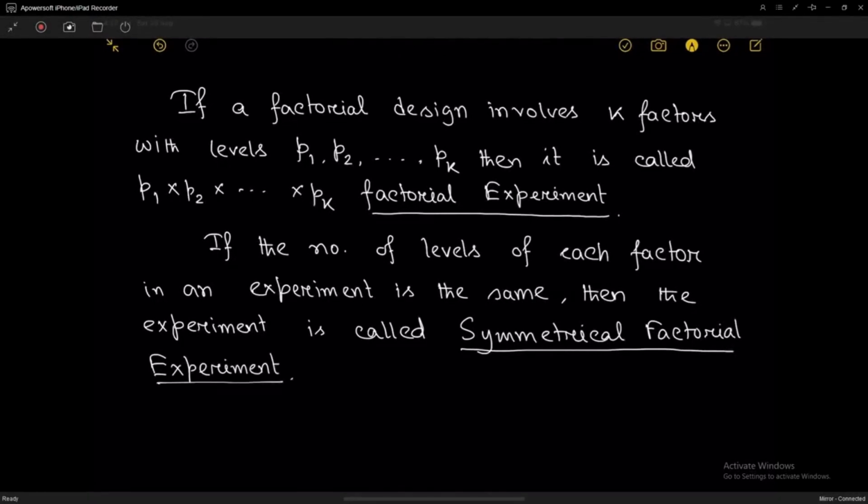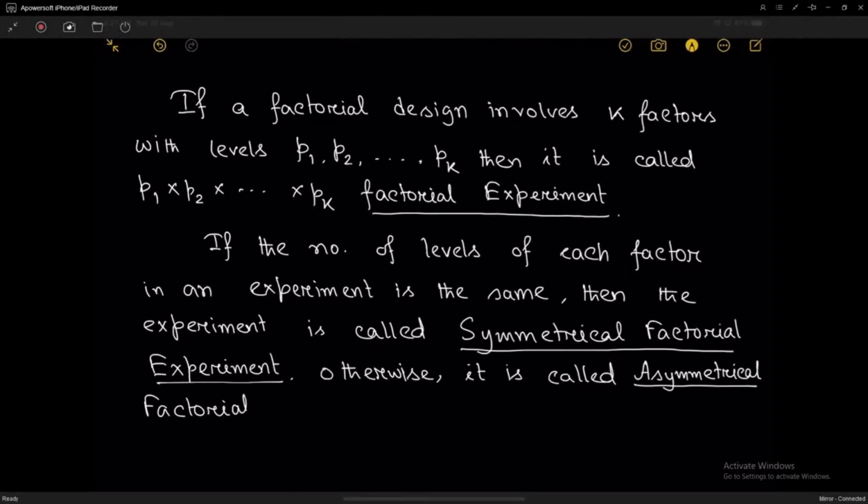But if they are not the same, then otherwise it is called an asymmetrical factorial experiment. Now what does that mean?